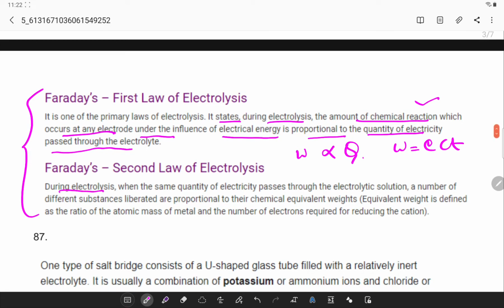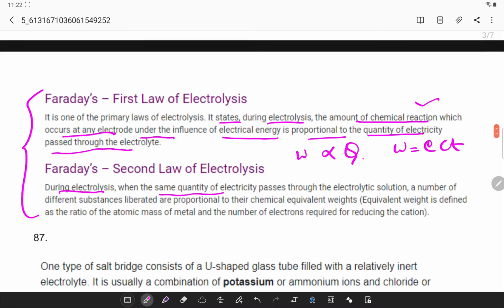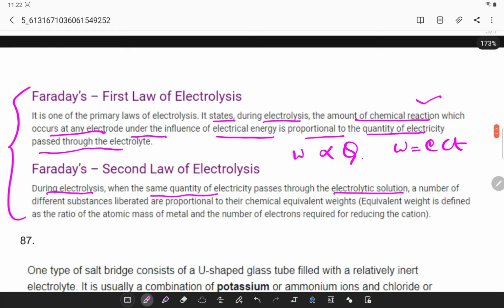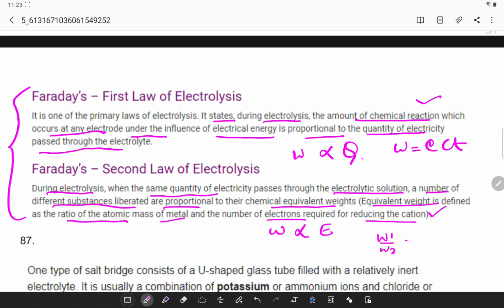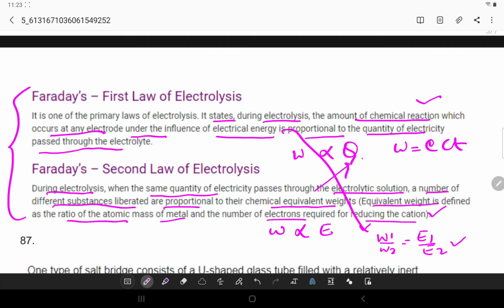Next, during electrolysis, when the same quantity of electricity is passed through the electrolytic solution, the amounts of different substances liberated are proportional to their chemical equivalent weights. Equivalent weight is defined as the ratio of the atomic mass of the metal and the number of electrons for reducing the cation. So we have W1 by W2 as E1 by E2. Next.